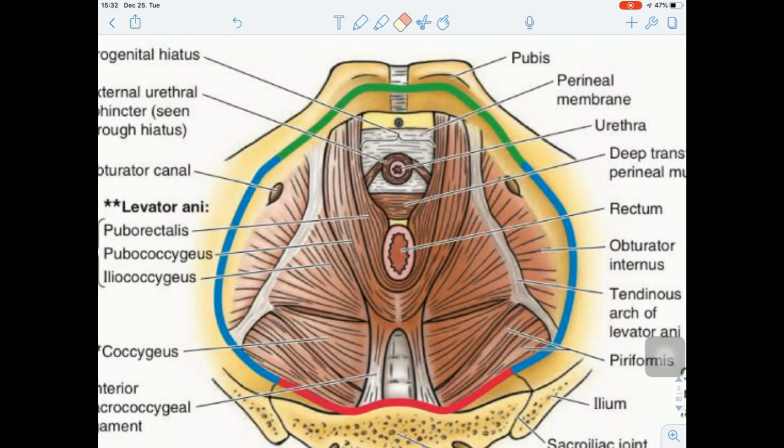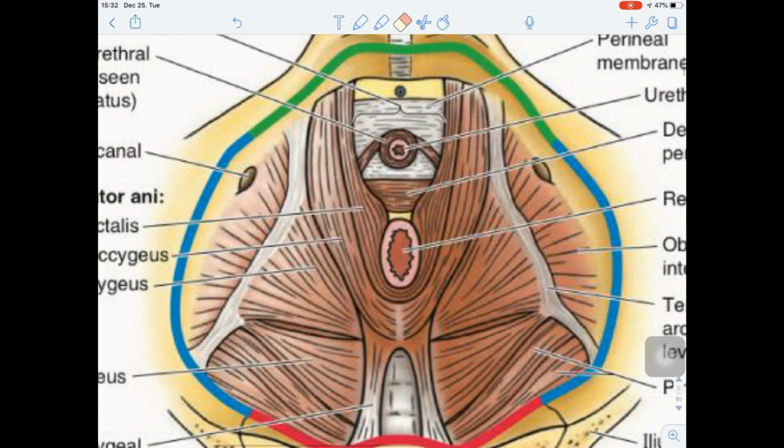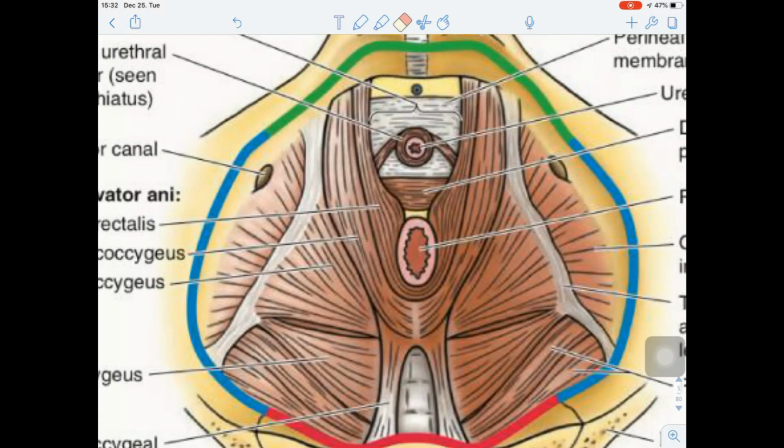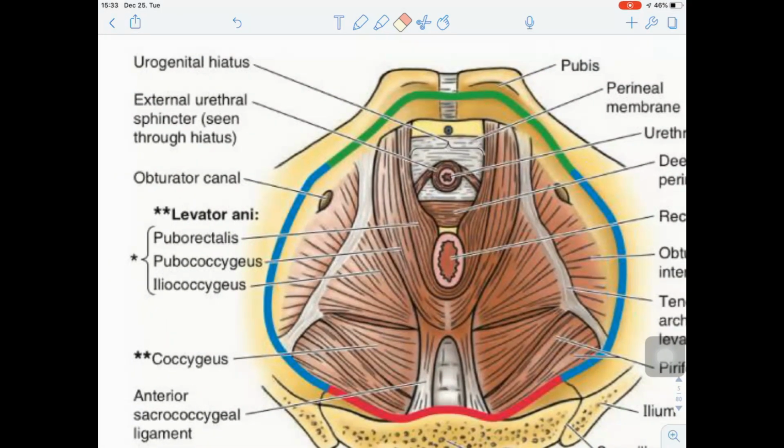Obturator internus. There is a fascia covering obturator internus called obturator fascia. Okay, it's different from obturator membrane. Along the way between the pubic bone and the ischial spine, the obturator fascia becomes thickened and forms a kind of tendinous arch, as you see here.